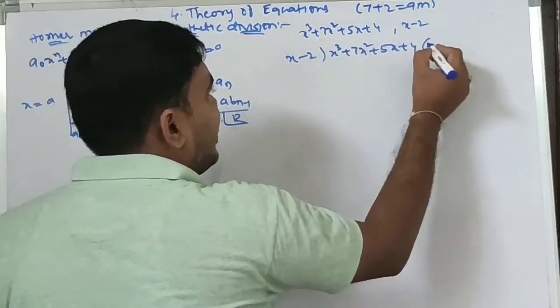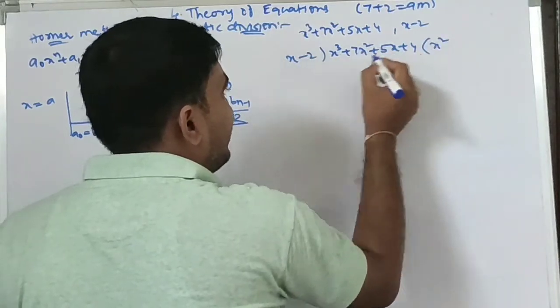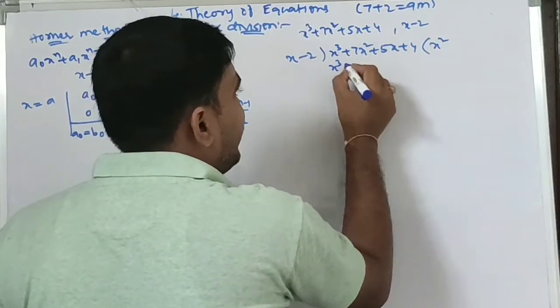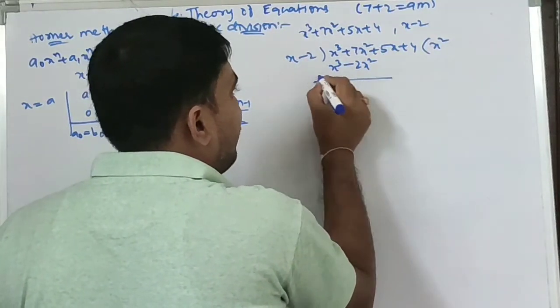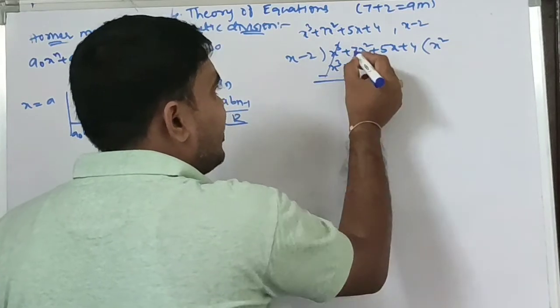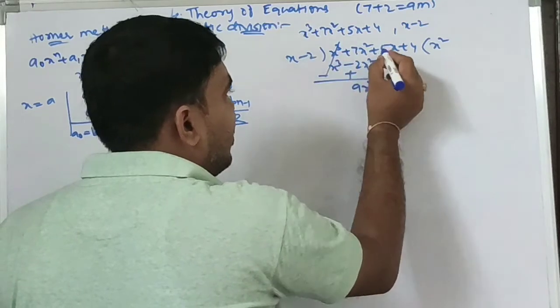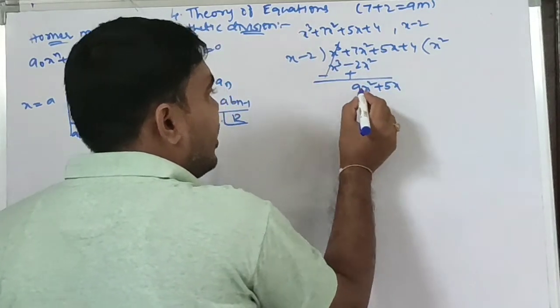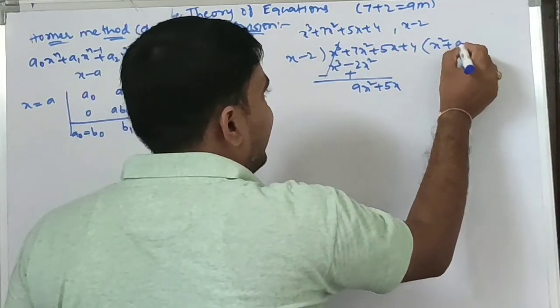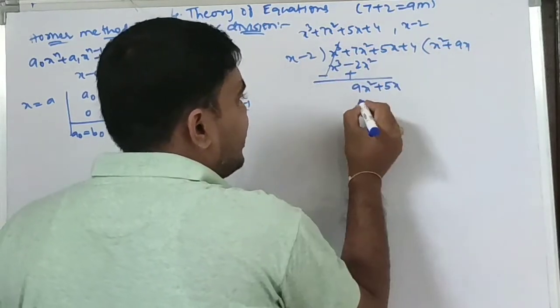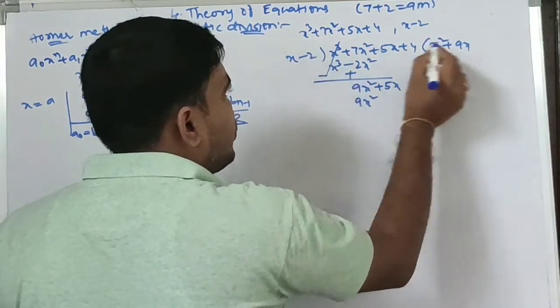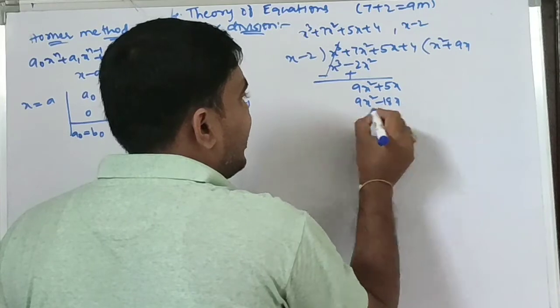x cube by x, x square. x into x square, x cube; minus 2 into x square, minus 2x square. Minus plus, x cube cancels. 7x square plus 2x square, 9x square. Plus 5x, keeping down. 9x square by x, 9x. x into 9x, 9x square; minus 2 into 9x, minus 18x.